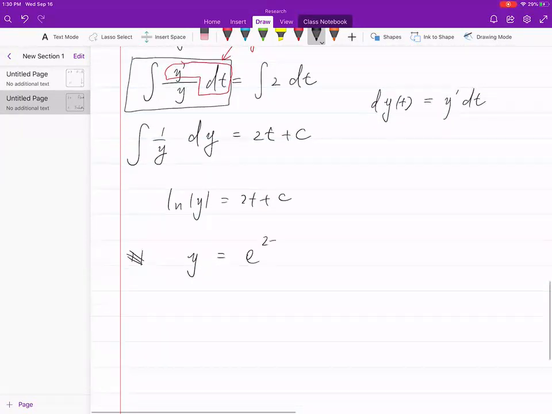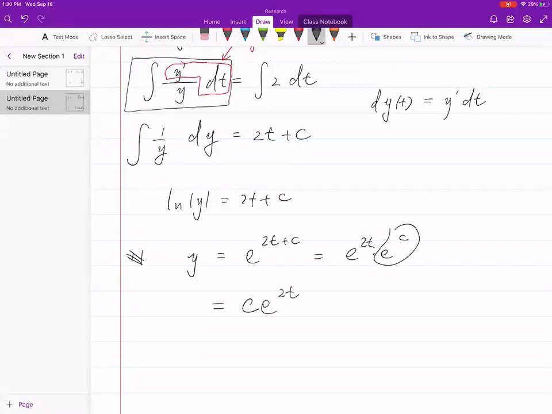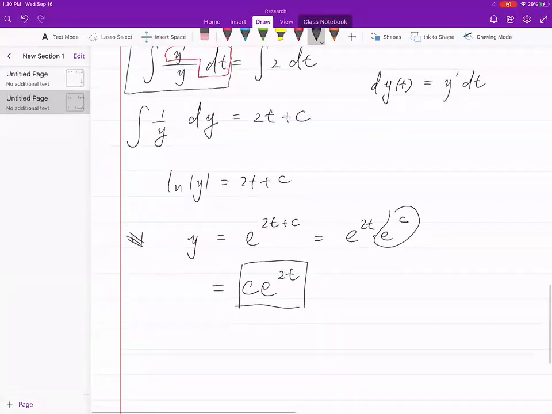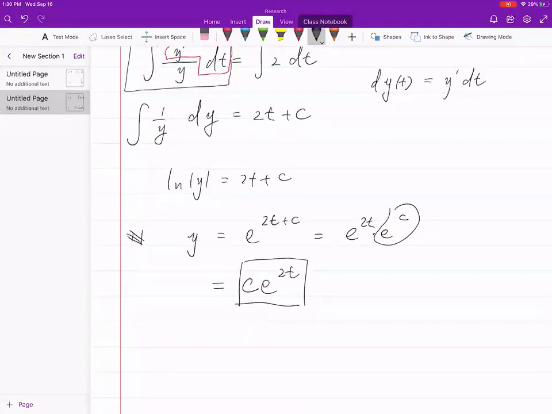That's just going to be e to the 2t plus c, which is e to the 2t times e to the c. C is any constant, then e to the c is any constant. It doesn't hurt for us to replace it by just a constant, any random constant. In this way, we get the solution again, but this time not by guessing. We also know this is multiplication because it's actually plus on the exponents.